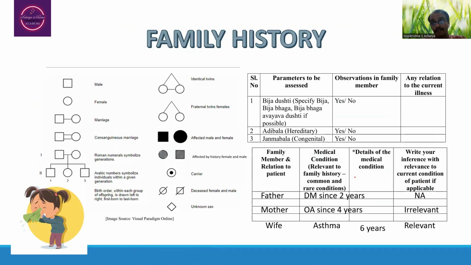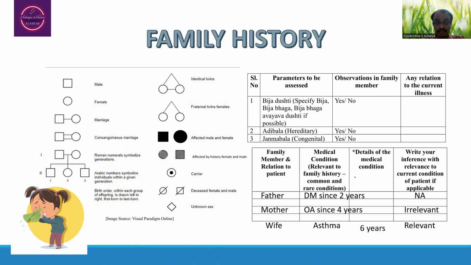As far as the family history is concerned, this has to be recorded on the pedigree chart. Different pedigree charts are shown in this image on the left side. At the extreme left below, there is an image of a girl presented with sneezing.